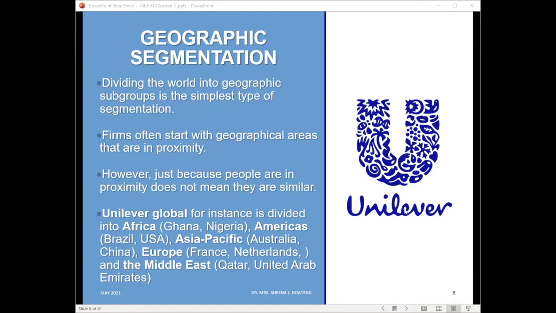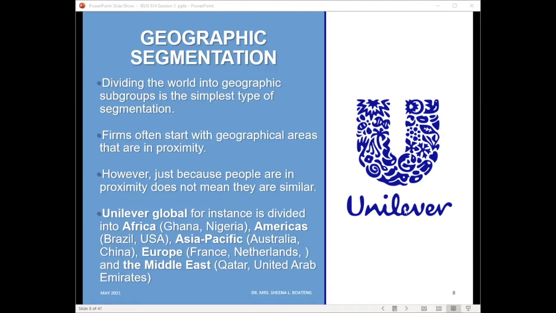So firms will often start from geographical areas that are in proximity to them, right? Now, given that a lot of firms operate in their home country region, being all the countries that are in direct geographic proximity to their home country, does not mean that automatically they are going to succeed in these markets.